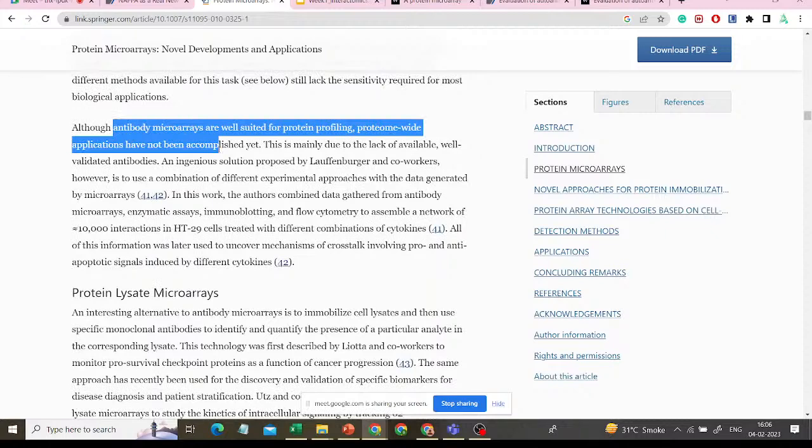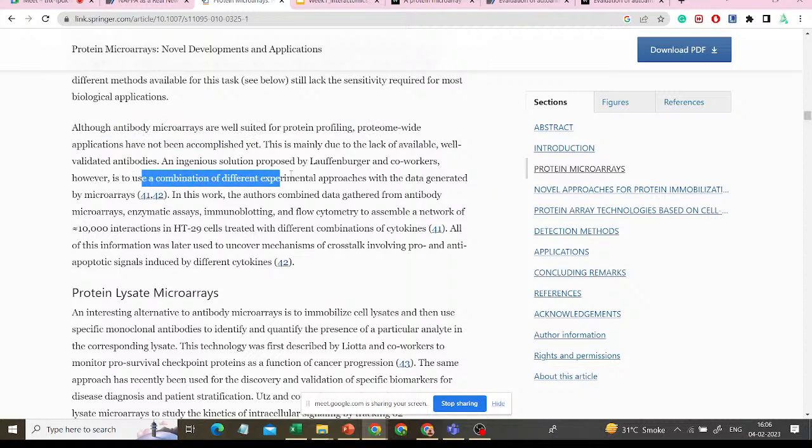when antibody microarrays are behaving quite well, why was it needed to change to other kinds of microarrays? This is mainly due to the lack of well validated antibodies.